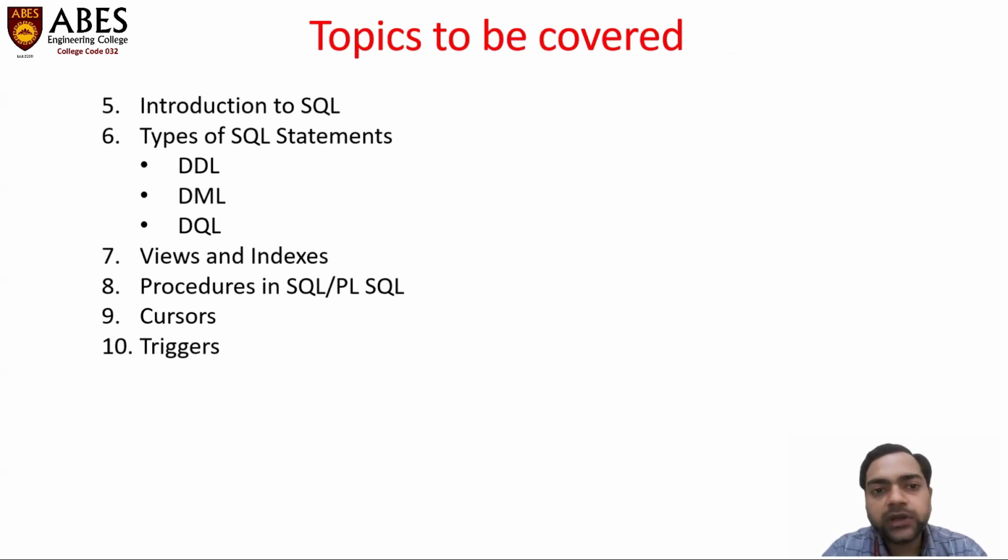Basically, we have 5 SQL statements, but in this lecture video series, we'll discuss only 3 of them: data definition language, data manipulation language, and data query language. DDL is used to define the structure of the database. DML, data manipulation language, is used to manipulate the data in terms of insertion, deletion, and updation of the data. And data query language is used to fetch or retrieve the data from the tables.